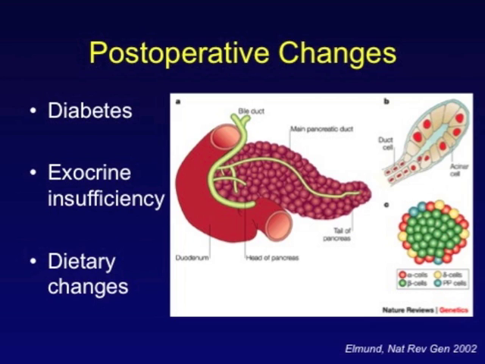First of all, removing some of the pancreas can lead to diabetes. I typically tell my patients that if you're not diabetic prior to the operation, the chance of becoming diabetic after the operation is about 10%. And when I say diabetic, that typically does not mean insulin requiring, but it does mean that about 10% of patients who are not diabetic require some sort of oral medication to control diabetes after the operation.